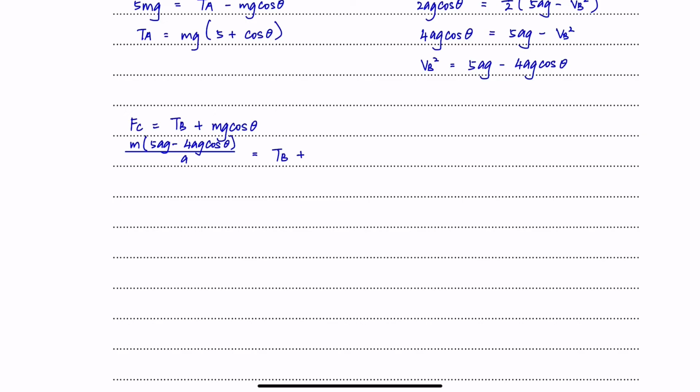So TB remains as TB and plus mg cos theta. So for the left side, we have 5mg minus 4mg cos theta. And for the right side, we have TB plus mg cos theta. TB would be equal to 5mg times 1 minus cos theta, right?